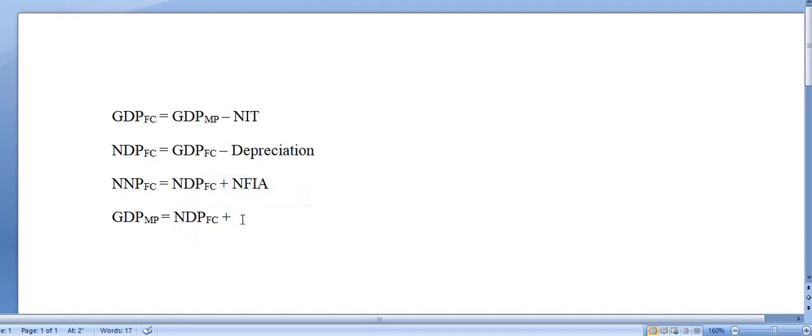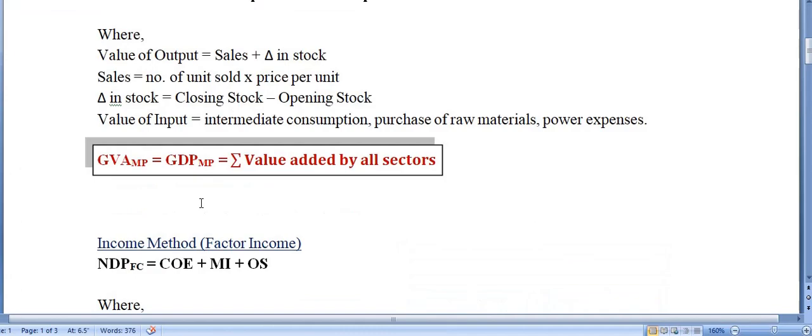When you go from net to gross, depreciation has to be added, and since it is at market price, you must add NIT. So it's very simple. You can convert NDP FC to GDP MP or from GDP MP to NDP FC. The conversion is very simple. So this is the formula of the income method.